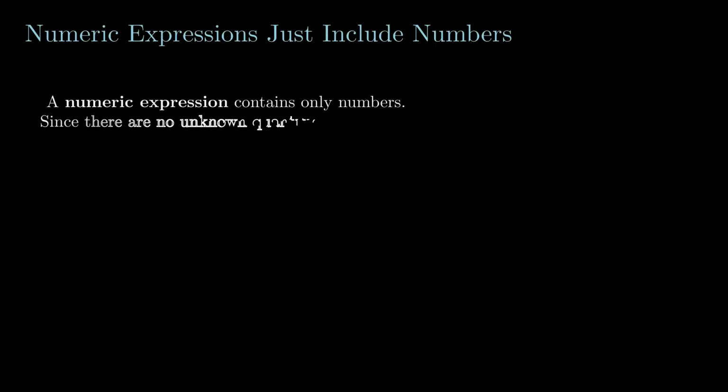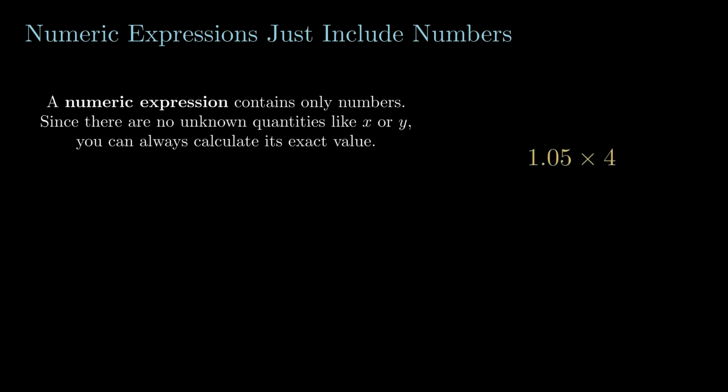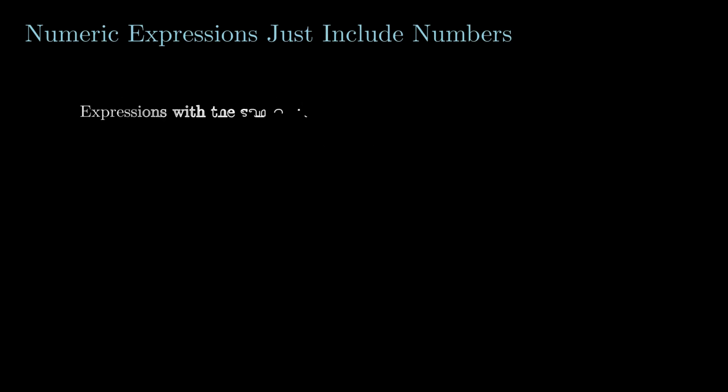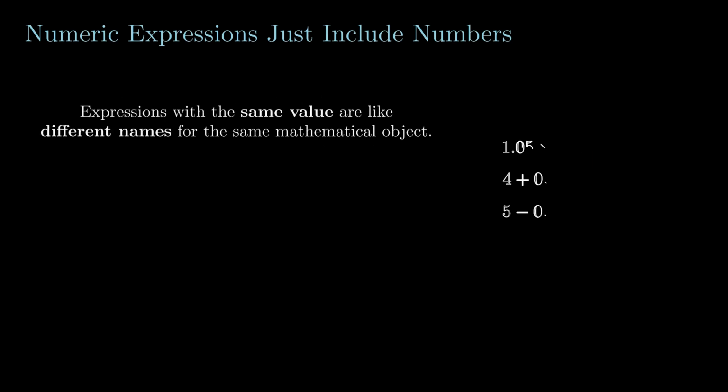A numeric expression contains only numbers. Since there are no unknown quantities, you can always work out its exact value. For example, 1.05 times 4 evaluates to exactly 4.2. Numeric expressions with the same value are like different names for the same thing.